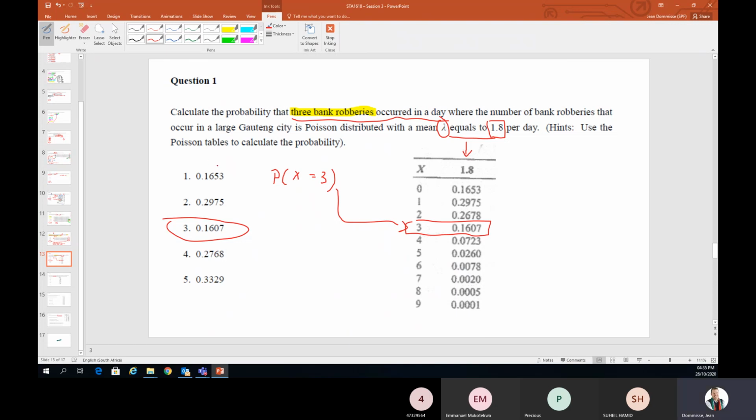It's interesting, that one was when x was equal to 0. That one was when x was equal to 1. That I don't know, and that one I don't know. Maybe there was a combination of things. So again, just be careful when you read the question how you answer it.